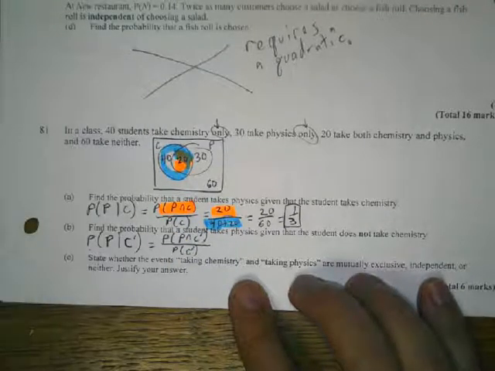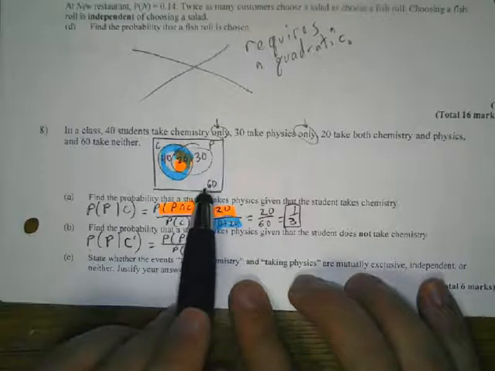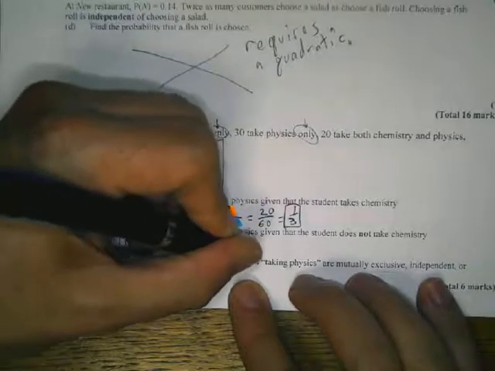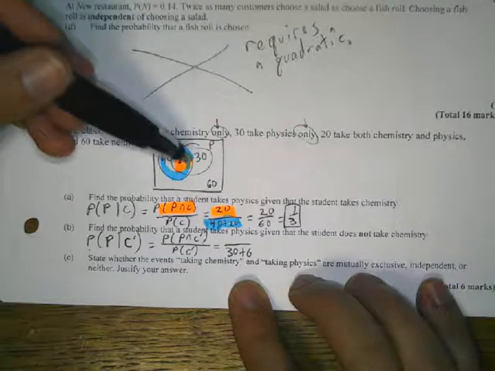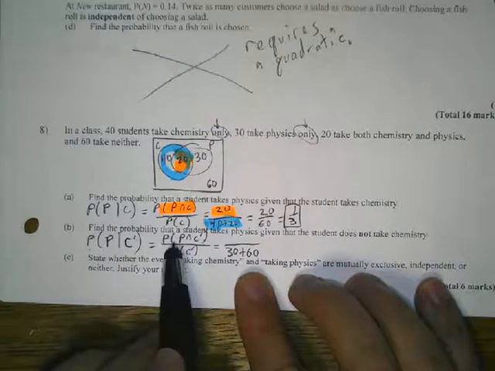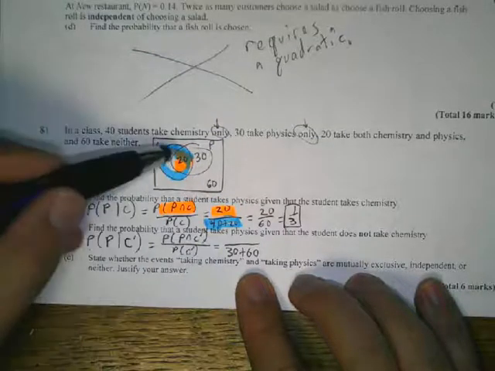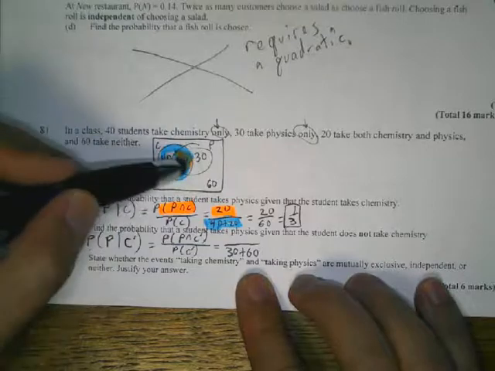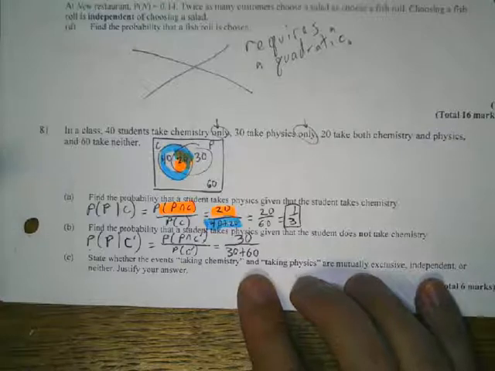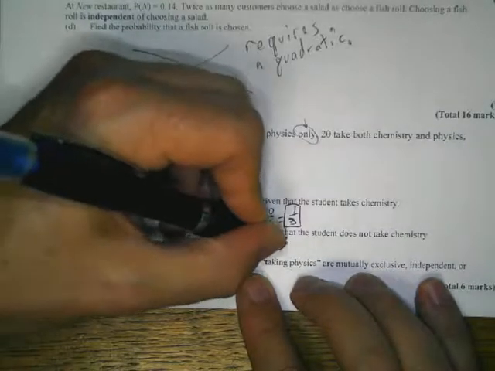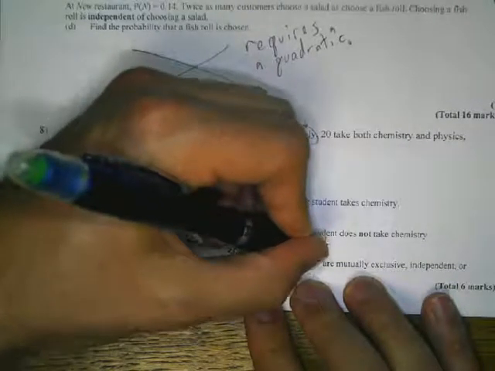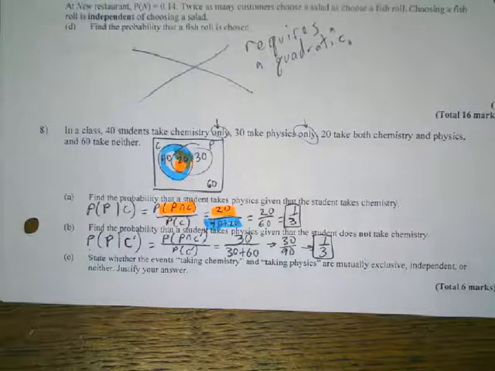Not taking chemistry is 30 plus 60 in my denominator, because chemistry is the blue circle, so not taking chemistry is 30 plus 60. The intersection of physics and not chemistry, physics and not in the blue circle, is 30. You might want to hit pause and think about that. So this simplifies to 30 over 90, which simplifies to 1/3.